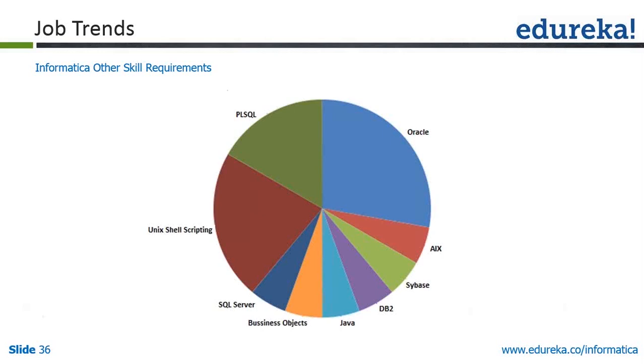So your primary requirement will be Informatica ETL, and along with that, if you have an understanding of PL/SQL, Oracle, Unix shell scripting, SQL Server, or Business Objects, any one of them, then it will be beneficial for you as well. People having knowledge of PL/SQL or Oracle, if they are learning Informatica, have a good chance to be inducted into data warehousing development or support, or basically data warehousing projects, right? And people having knowledge of Unix shell scripting are mostly preferred for administration related jobs in Informatica.